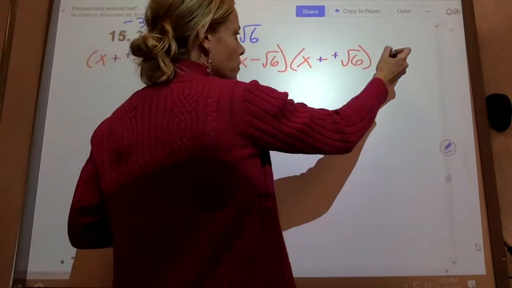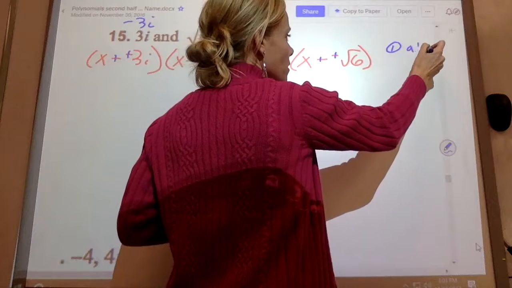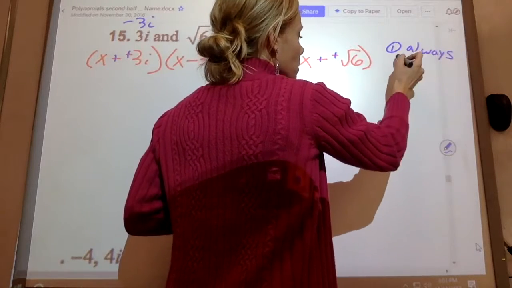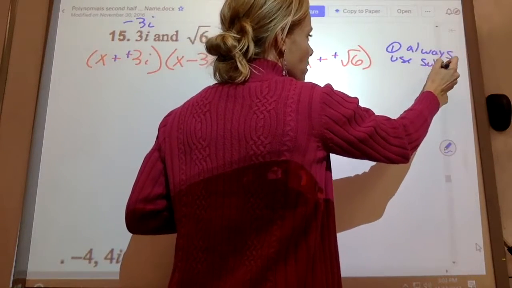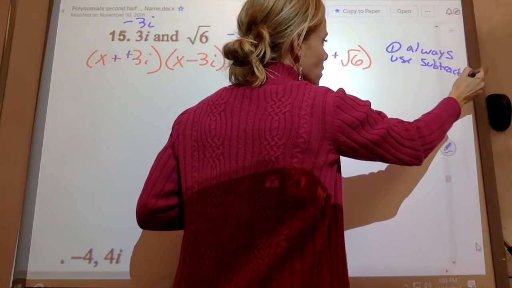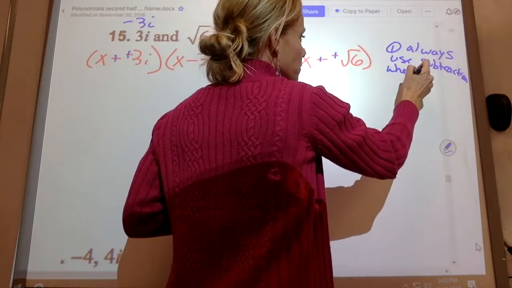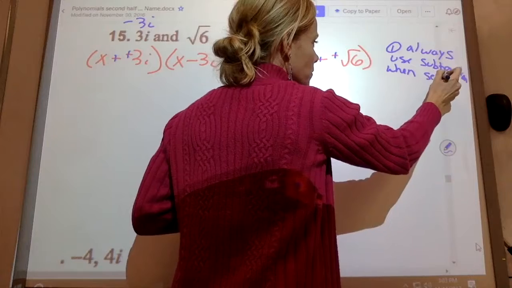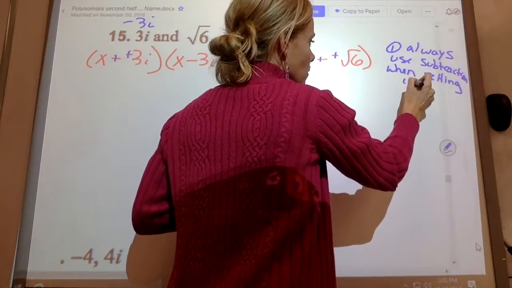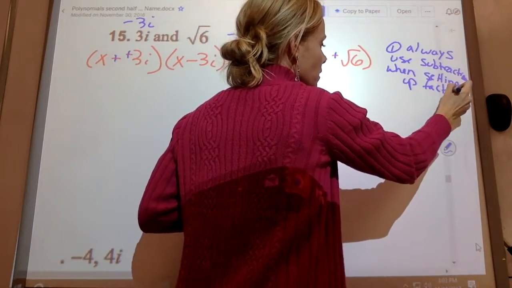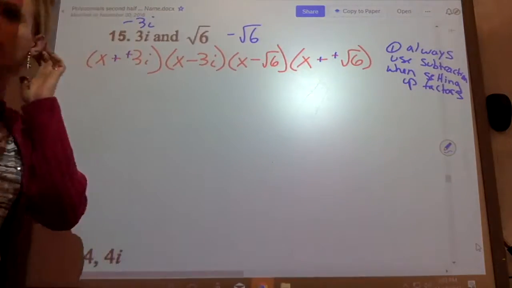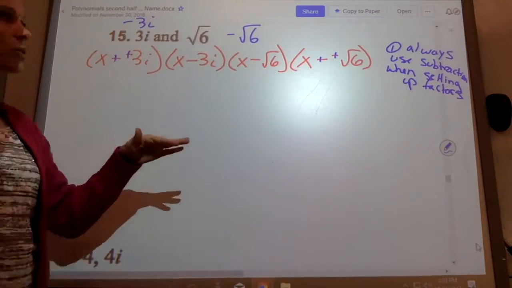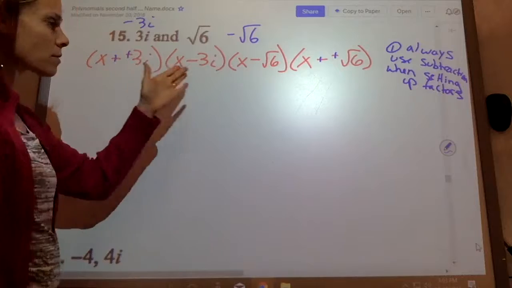So that would be maybe the first thing to put in your notes. Always use subtraction when setting up your factors, something like that. I would put something like that in your notes, okay?